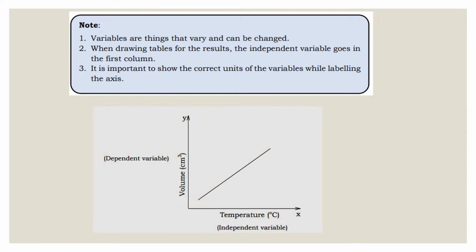If you look at this particular graph here, it is comparing temperature and volume. Temperature is going to affect the volume. So temperature becomes the independent variable, while volume depends on the temperature, so it becomes the dependent variable. That is why it goes on the y-axis.